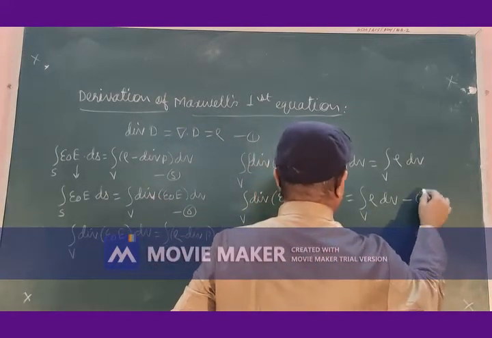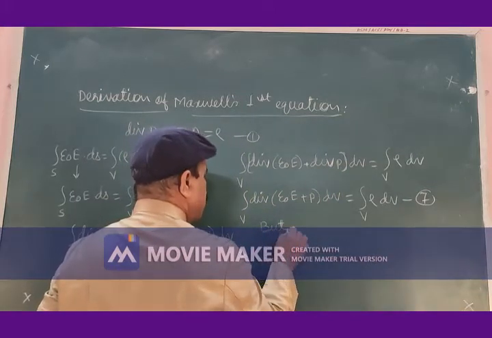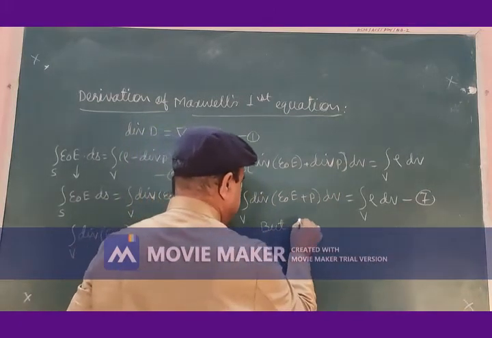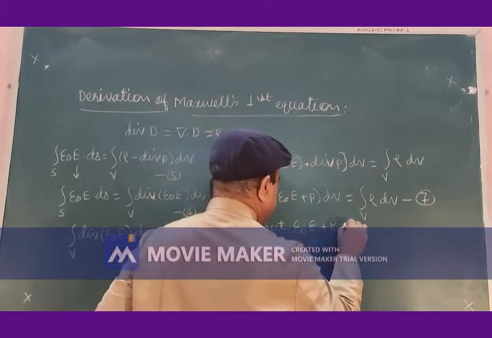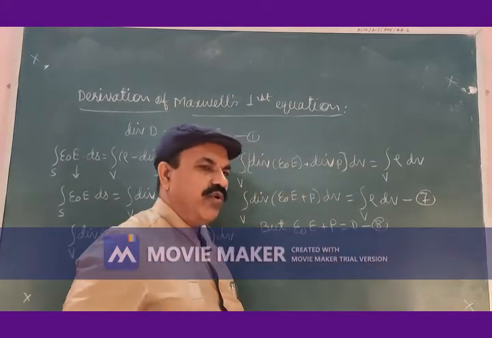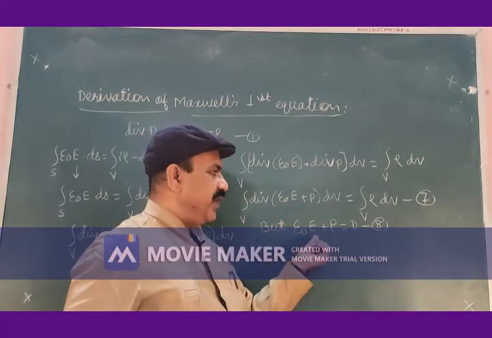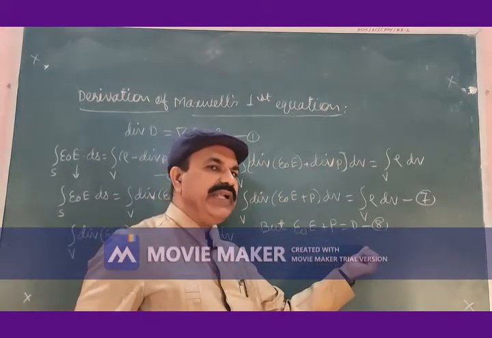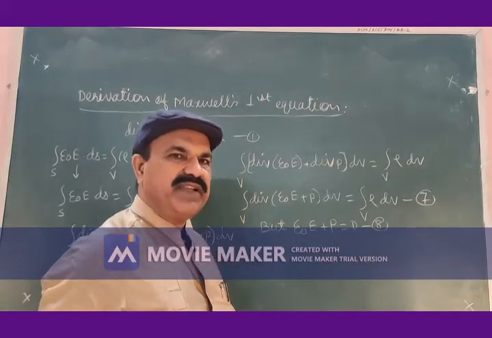Equation number 7. But for dielectric materials, epsilon 0 E plus P is equal to D, the electrical displacement vector.